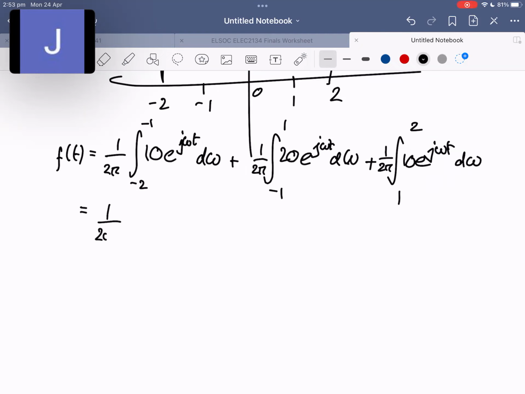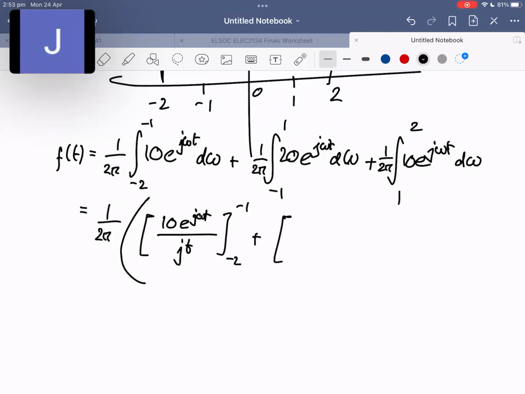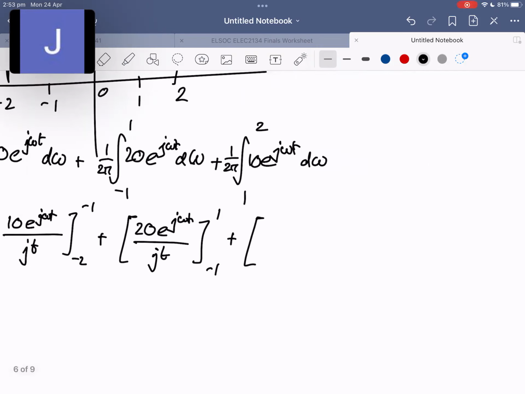So I put a 1 on 2 pi out the front of the entire thing, and then I've got 10 e to the j omega t, and since we're integrating with respect to omega, we just have a jt on the bottom. So that's between -2 and -1. And then I'll write the rest out. It's the same integration because the only thing that differs is just a constant. And then we've got 10 e to the j omega t over jt.